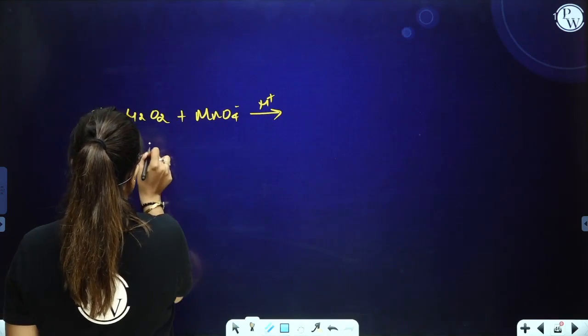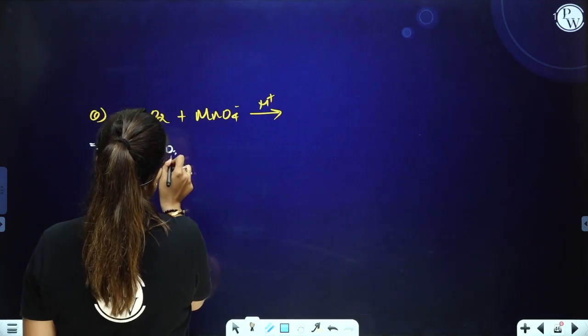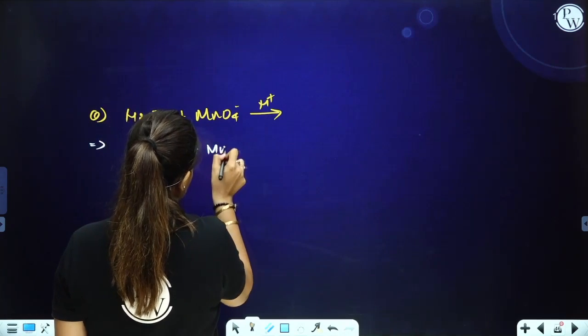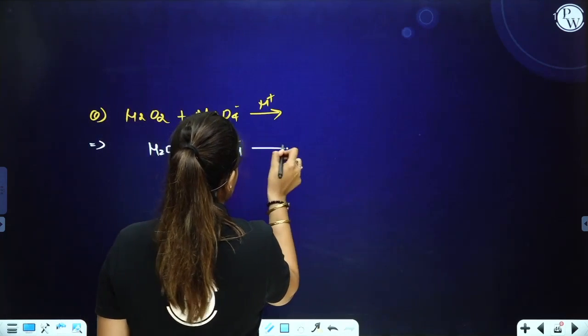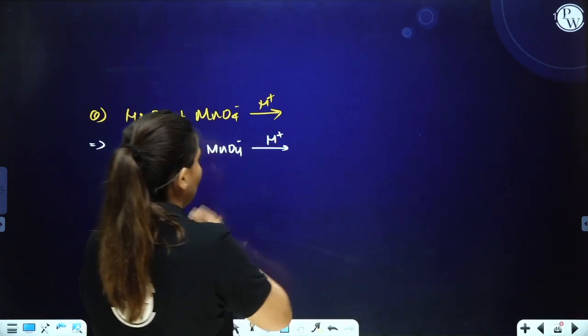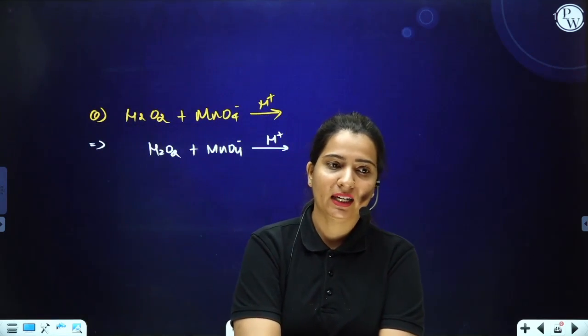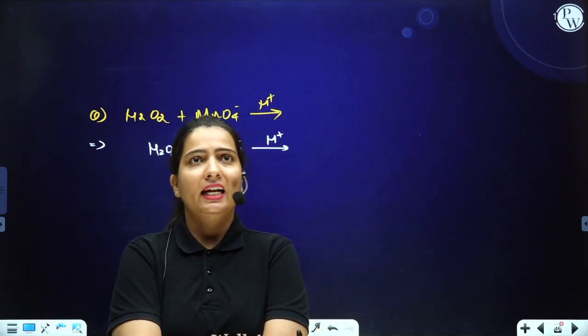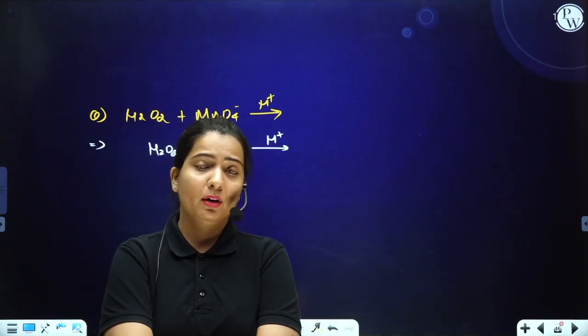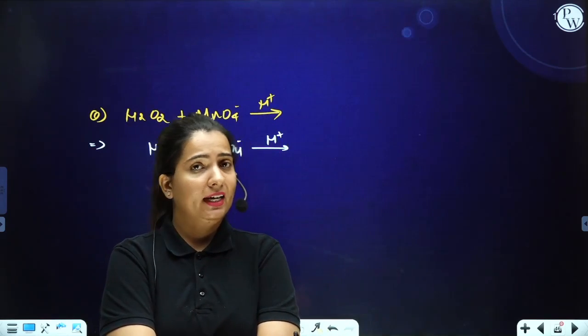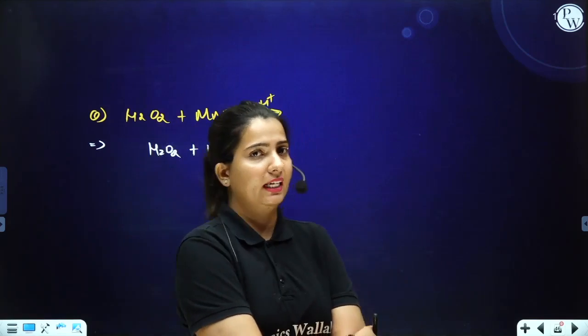First you should know that H2O2 reacts with MnO4 negative in the acidic medium. You should always know that H2O2 can behave as both. It can behave as an oxidizing agent, and it can behave as a reducing agent. But MnO4 negative can only behave as an oxidizing agent.